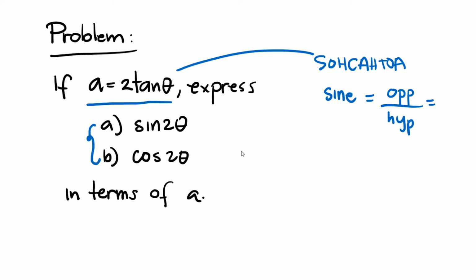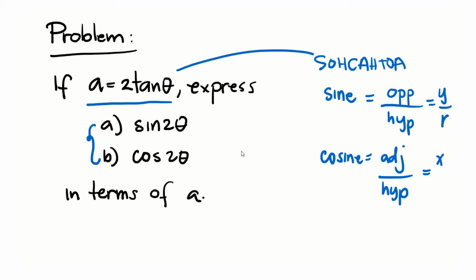This is also the same as y over r if we are using x, y, and r as values. The cosine of an angle is the adjacent side divided by the hypotenuse, and this is equivalent in terms of the x, y, and r values.